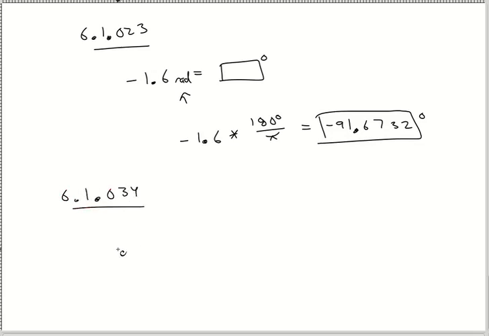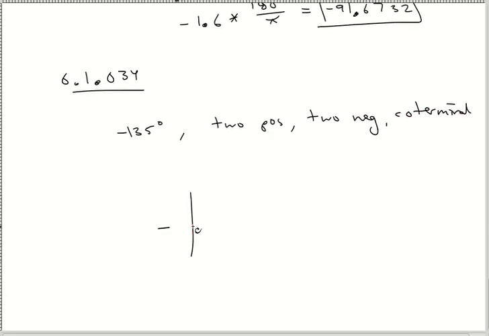61034. So they start with negative 135 degrees, and they need 2 positive and 2 negative coterminal angles. Well, what does that even mean? Let's think kind of like the unit circle. Negative 135 is somewhere down there.